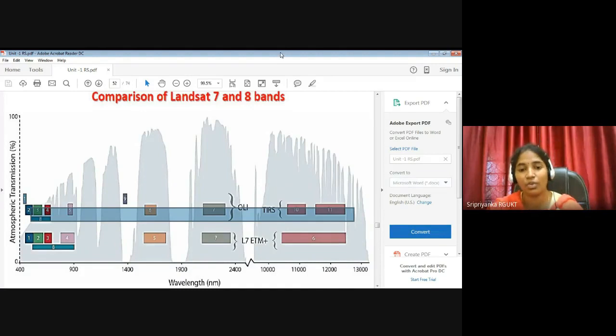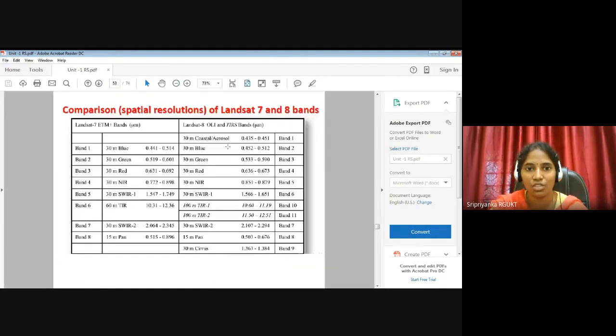In the next slide, I will show you a chart where you will easily understand the difference. Landsat 7 has 8 bands: blue, green, red, near infrared, shortwave infrared, thermal infrared, another shortwave infrared, and a panchromatic band, which covers from the visible to infrared region.